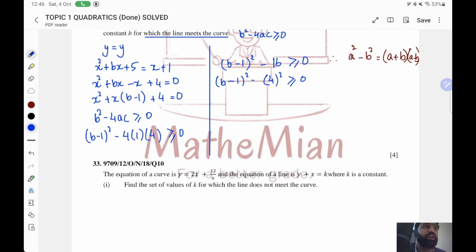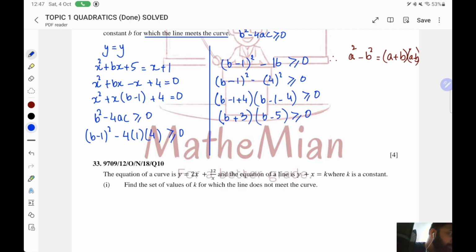Whenever I talk about a, it is b minus 1, and when I talk about b, it is 4. So one time I will add and the other time I will subtract, according to the identity a plus b and a minus b. So it will become b plus 3 and b minus 5 greater than or equal to 0.